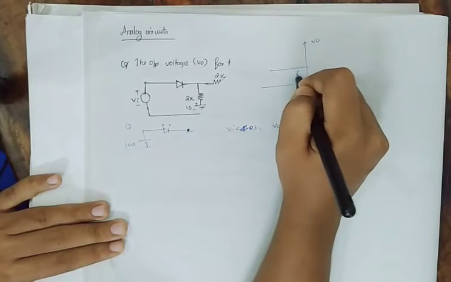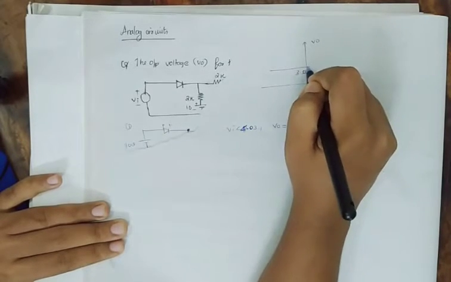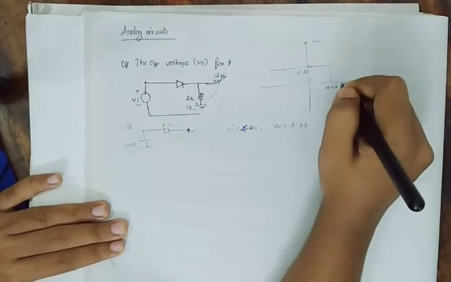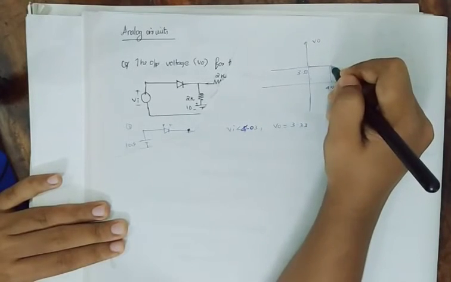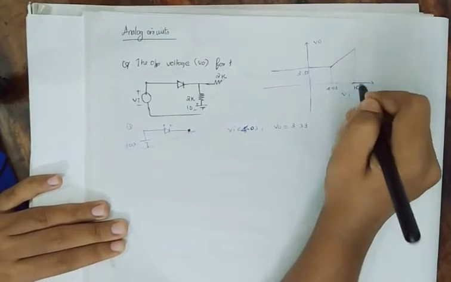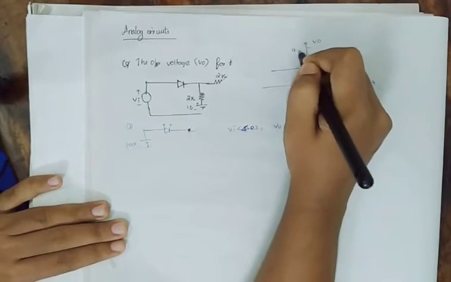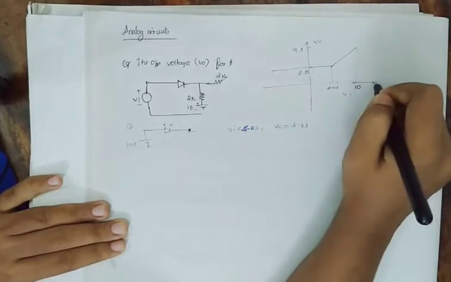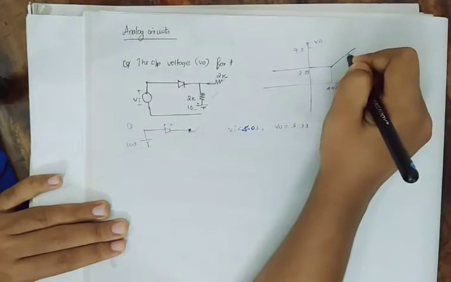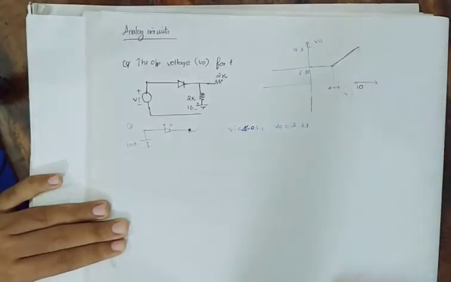So I will be drawing like this, 3.33 until Vi is equal to 4.03. And when Vi is equal to 10 volt, the output was equal to 9.3 volt. So this is the required transfer function. And now we'll see the next question.